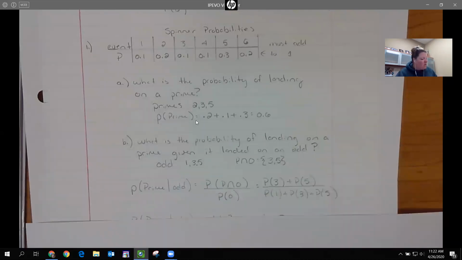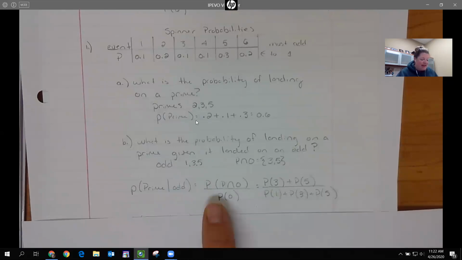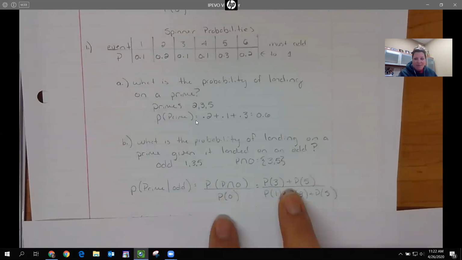So I would do the intersection of the two, but I have the probability of the 3 and the 5. So I have to add those together because you could be one or the other. And the probability of an odd would be the probability of the 1, the 3, and the 5, the 3 odd numbers added.